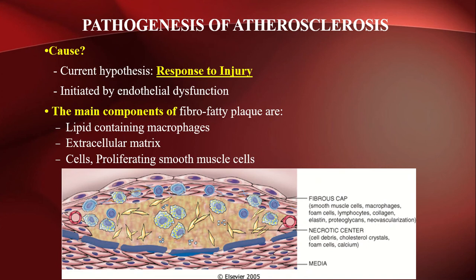So we discussed some theories about cholesterol and atherosclerosis formation. The current hypothesis is the response to endothelial cell injury initiated by endothelial dysfunction. The main components of the fibrofatty plaque that forms in the wall of the arteries during atherosclerosis include lipid-containing macrophages, extracellular matrix elements and cells, and also proliferating smooth muscle cells.